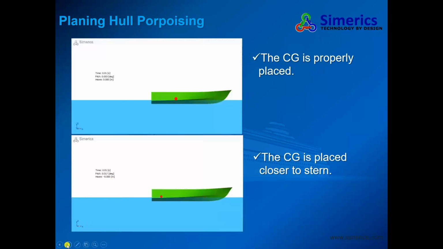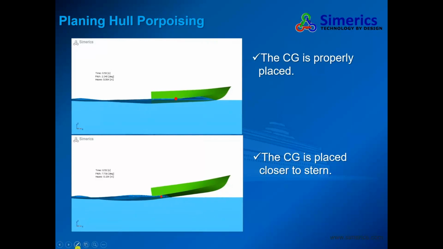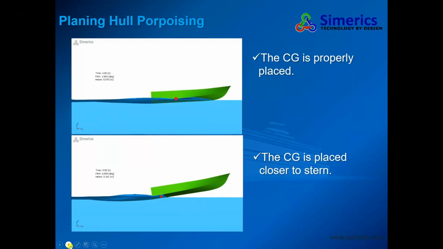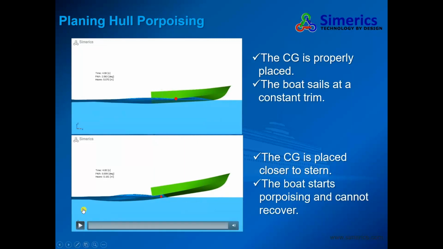Let's see what happens if we run it. As you see, when the center of gravity is properly placed, the hull just goes into planing mode and stays there. But for the one that is wrongly positioned, we see the hull starts porpoising and can never recover itself. That just shows you how the CFD can help you identify those design flaws at a very early stage.